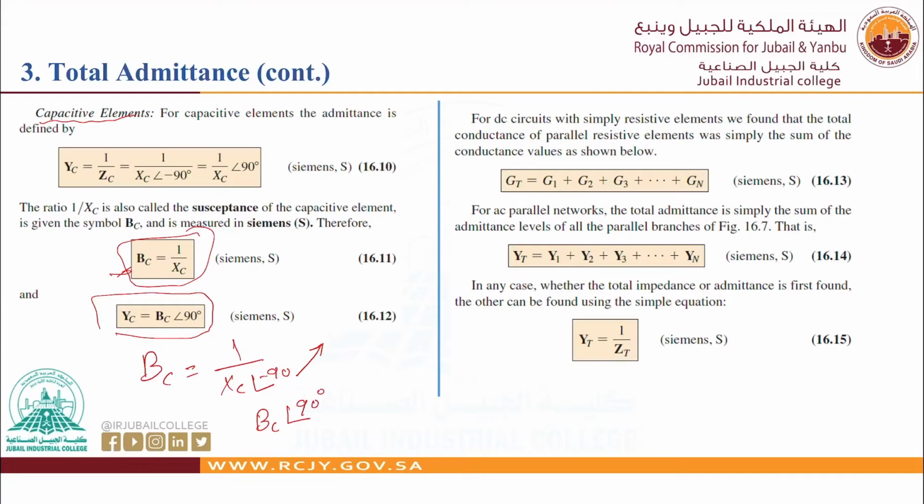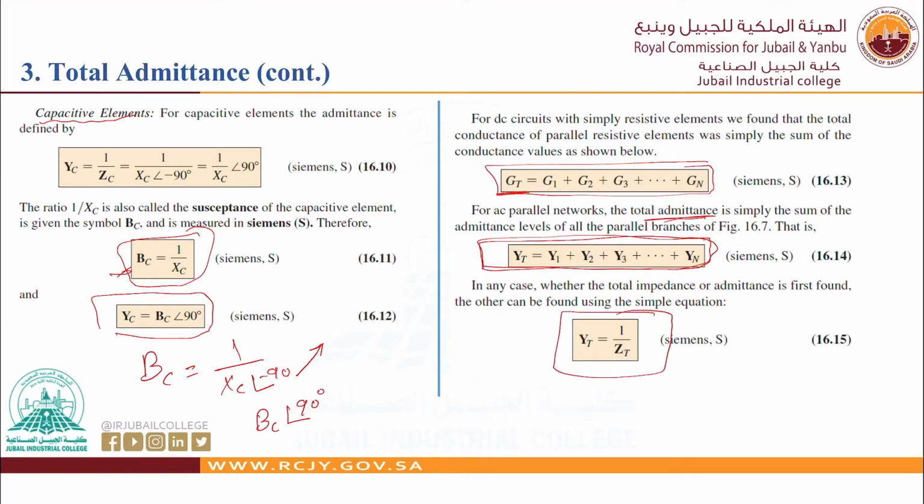That's why we have plus 90 in the capacitor and minus 90 in the inductor, in case you need to find the susceptance. Now in case of conductance, just add them directly. In case of admittance for a parallel circuit, the total admittance is simply the sum of the admittances. In any case, whether the total impedance or admittance is first found, the other can be found using the simple equation. This is the one.